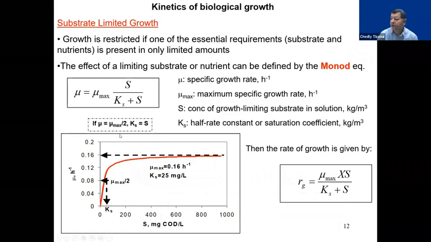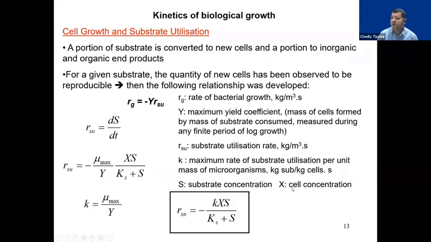So combining all these equations together, you obtain a rate equation for the growth of bacteria. Just simply replace mu by its equation, and you obtain Rg equal to mu max X S over Ks plus S.